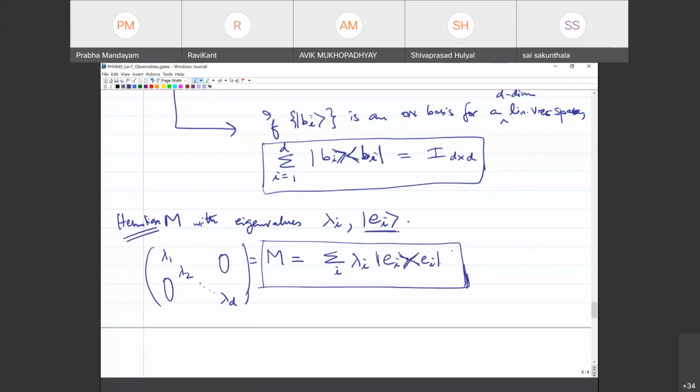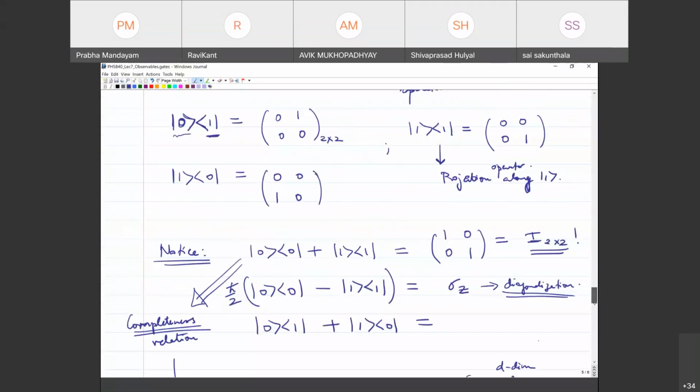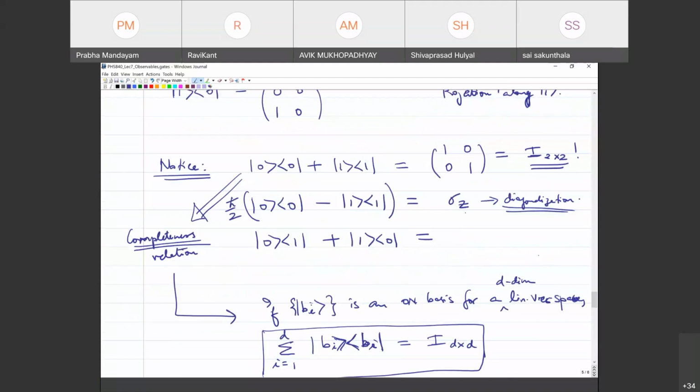So this is what we have done here actually for sigma z, right? So if I put this factor of h bar by 2, it's basically h bar by 2, 0, 0, minus h bar by 2 outer product 1, 1. But 0 and 1 are essentially the eigenstates of sigma z, right? And the corresponding eigenvalues are plus minus h bar by 2.